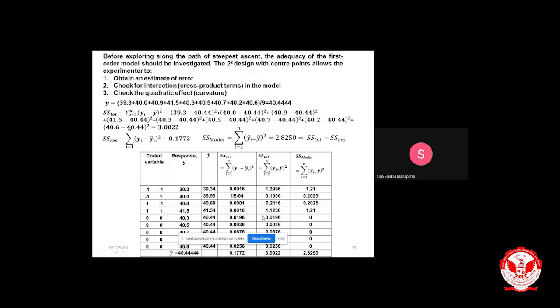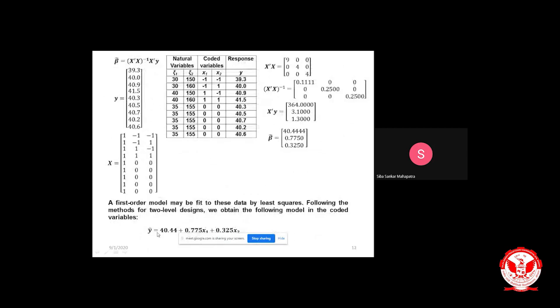This is shown. The y hat column is given here, that is predicted from the equation. Our y hat equation is this. So we put the values of x1 and x2 in terms of minus 1 and plus 1.